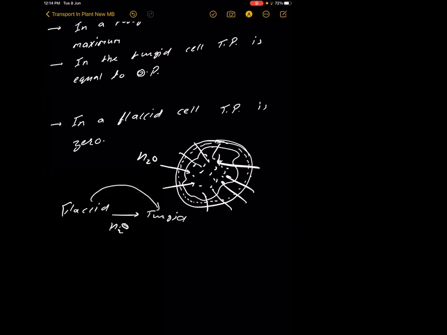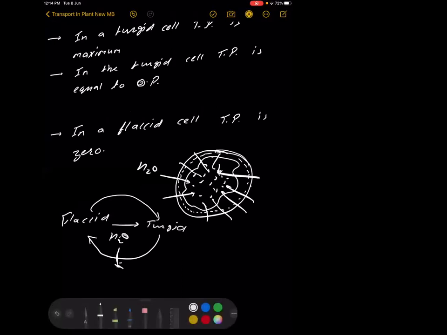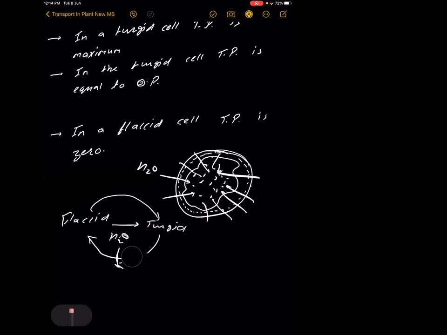If water molecules are removed from the turgid cell, it becomes flaccid. Is it clear? So in a flaccid cell, there is no turgor pressure; it is 0. In a turgid cell, it is maximum. So this is wall pressure and turgor pressure.